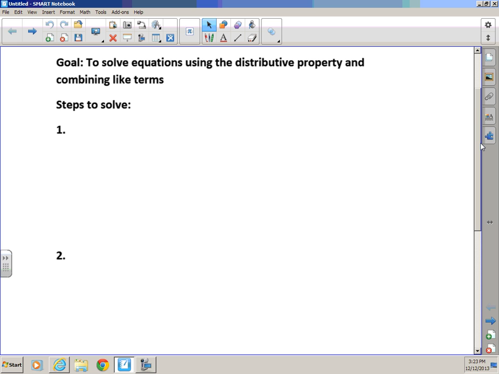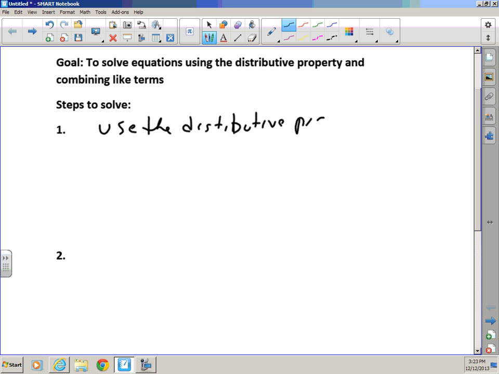So, building on our solving equations, what we're going to do first is we're going to use the distributive property to remove parentheses.